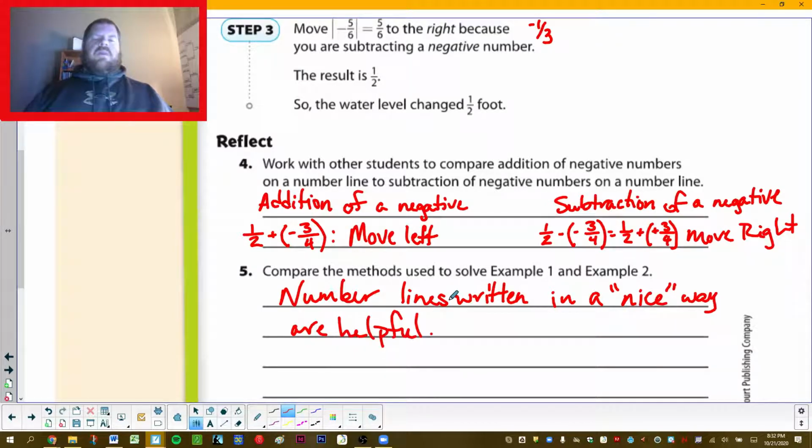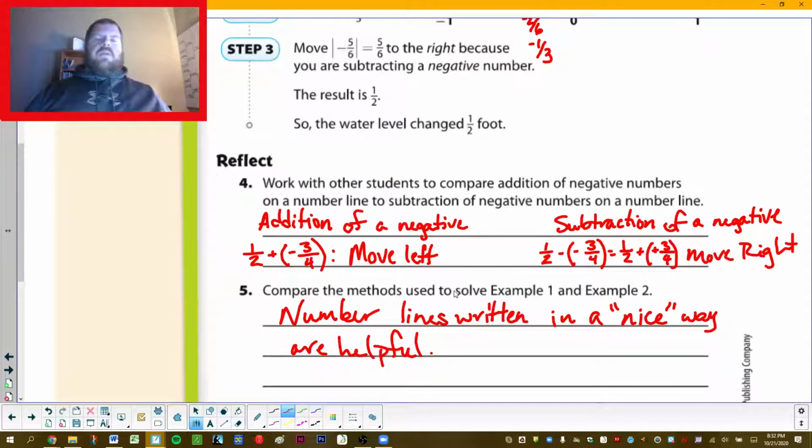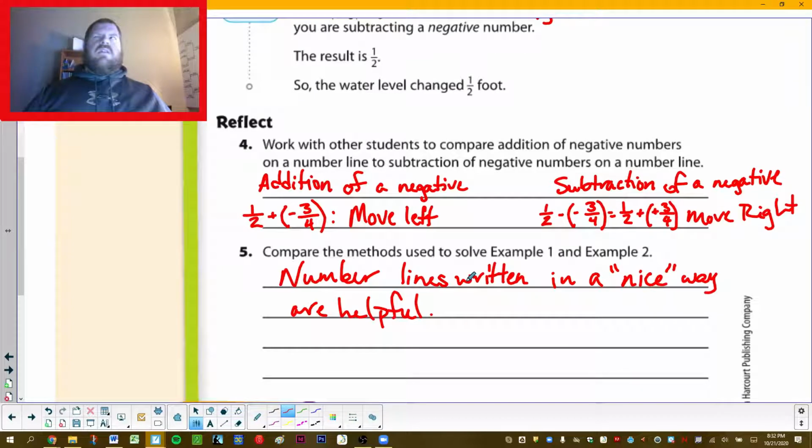And so what I mean by that, just like in this problem up here, it was broken down into sixths because I had to end up moving a certain number of sixths versus some of the your turn problems that we did where we had to kind of guess where like 1/4 was. So number lines that are written in a nice way are helpful.